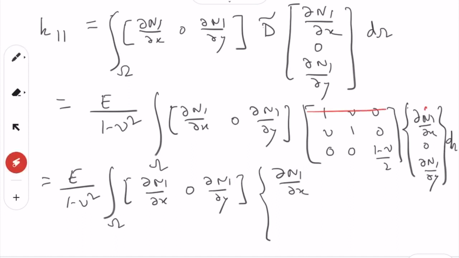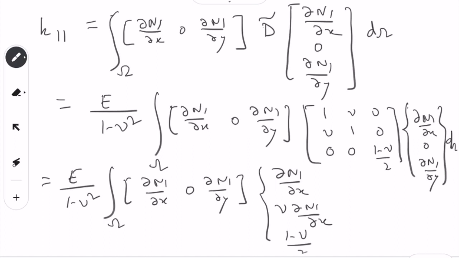Next is this multiplied by this one, so we get nu times del n1 over del x, as the other terms are 0. Third is 1 minus nu over 2 multiplied by this, so we get 1 minus nu divided by 2 and then del n1 over del y.